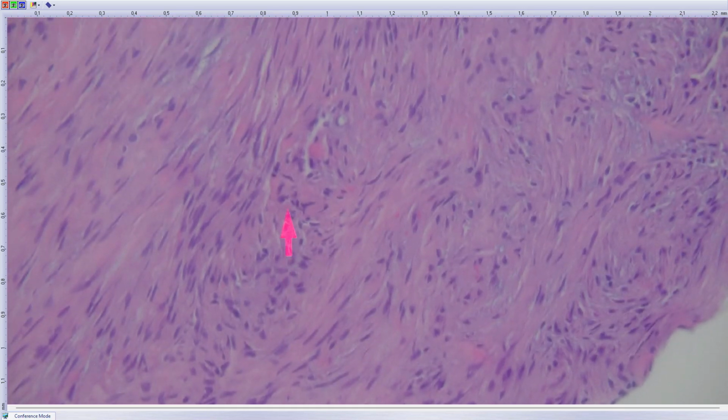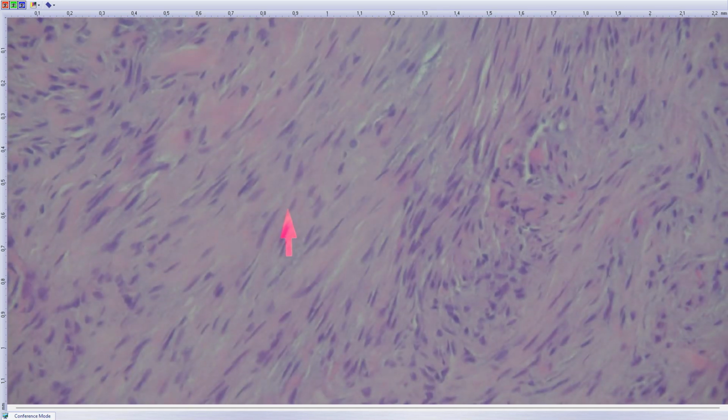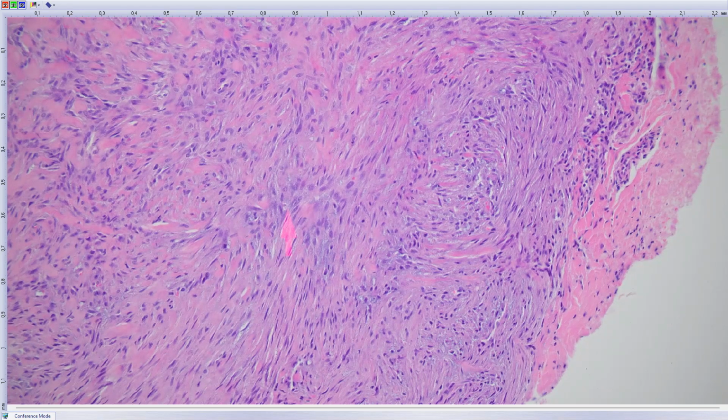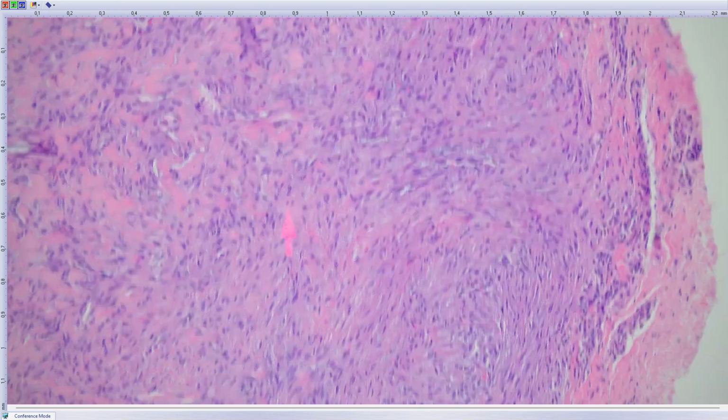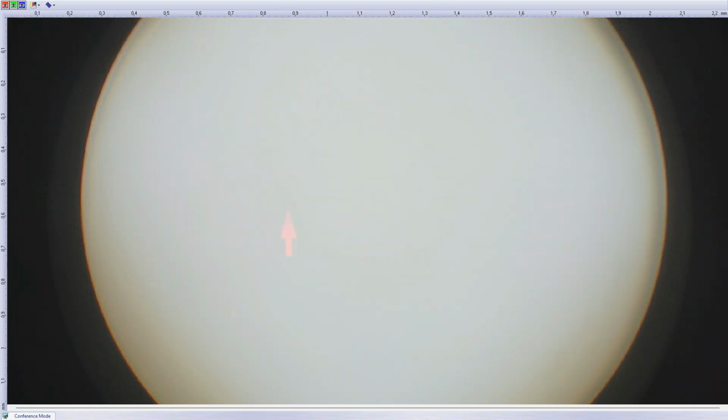Otherwise, the cells look spindled, very nicely spindled, and they have eosinophilic cytoplasm, so you can guess these might be fibroblasts. So you do smooth muscle actin and of course many other stains.